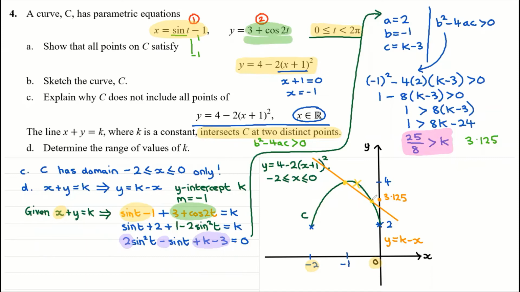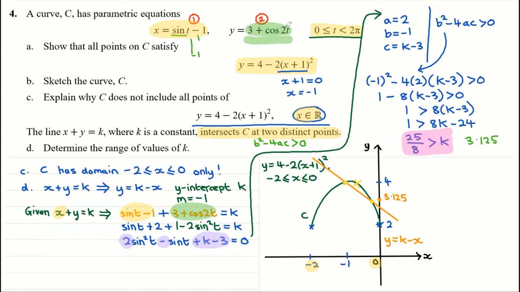And if this was for all real values of x, as it was stated in part C, where we were given no restrictions at all on x, that would be the end of it. We could just say k is strictly less than 25/8. But we can't, because we have a restriction on our domain. We're only allowed to put in x values between -2 and 0.